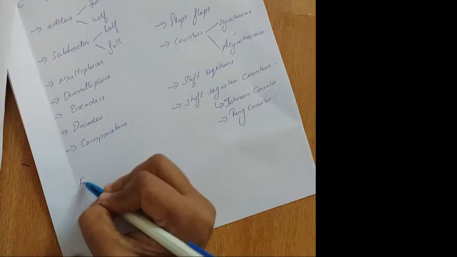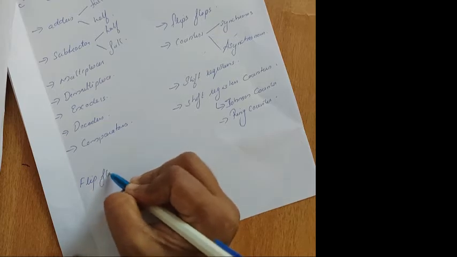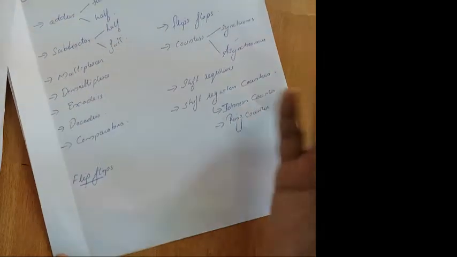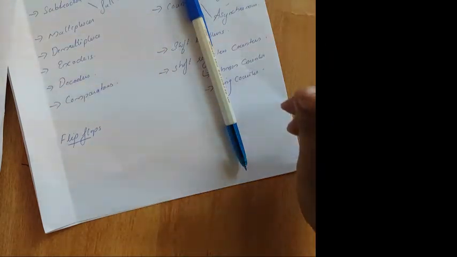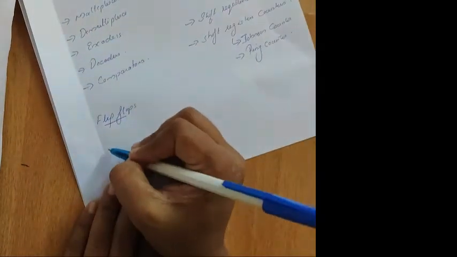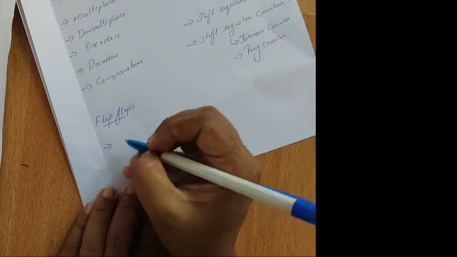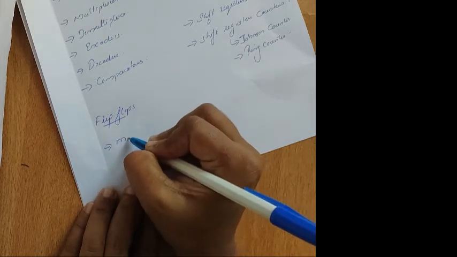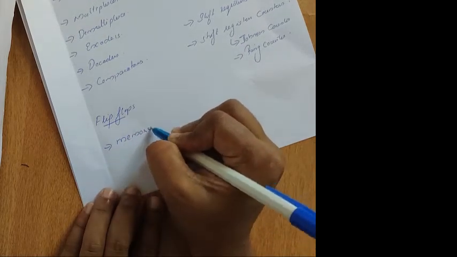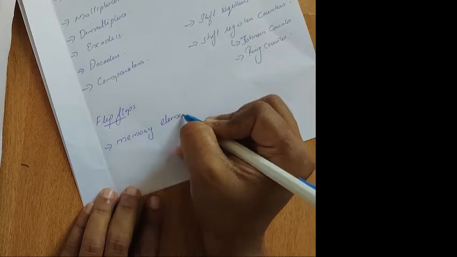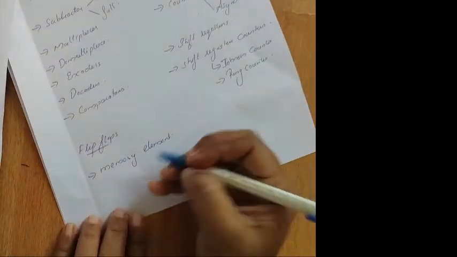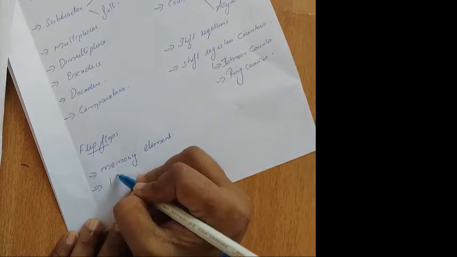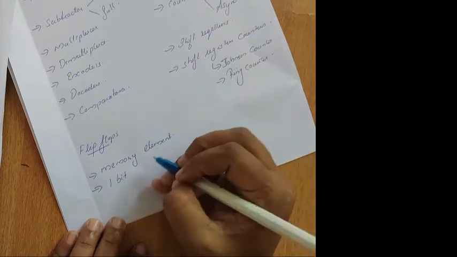So what do you mean by flip-flop? Flipping from one state and flopping to another, that is, it is either a 0 or 1 state. A flip-flop, in short, is a memory element. It stores only one bit of information, that is the main highlight.